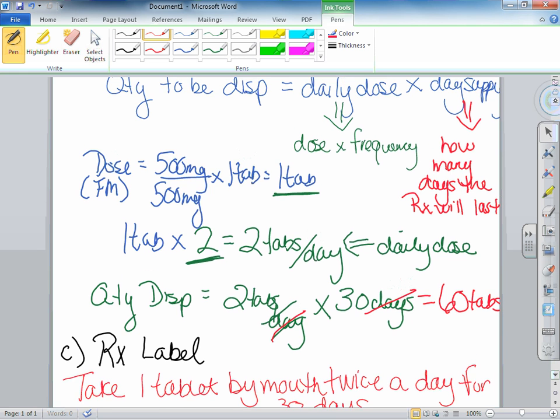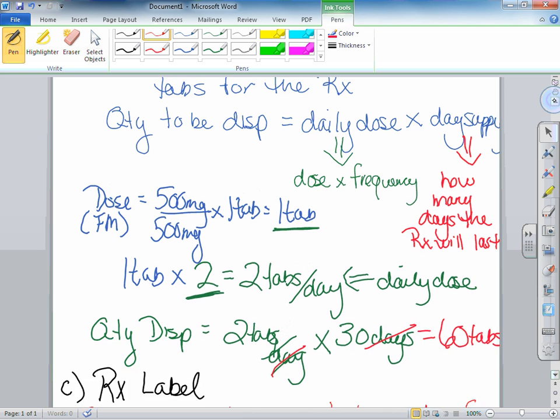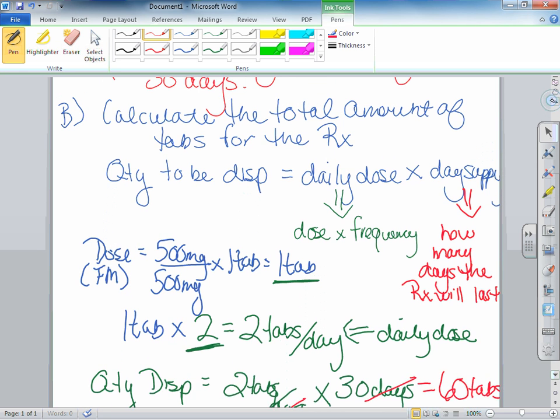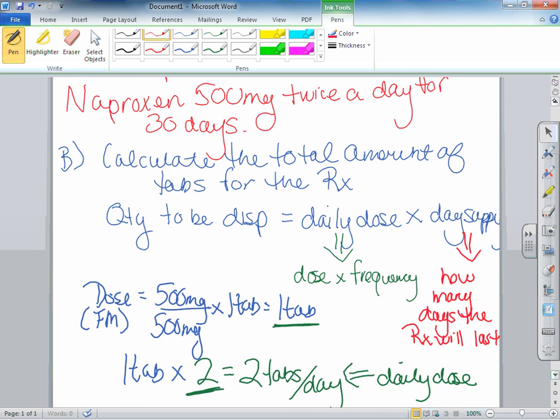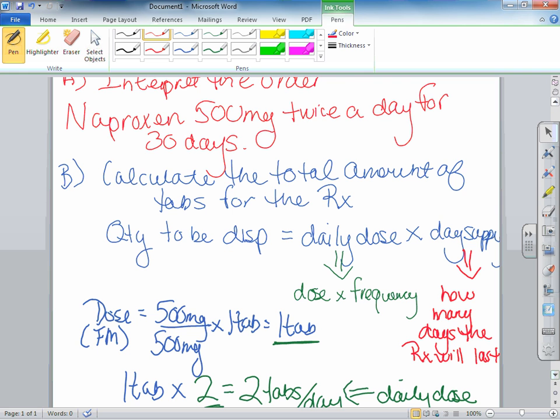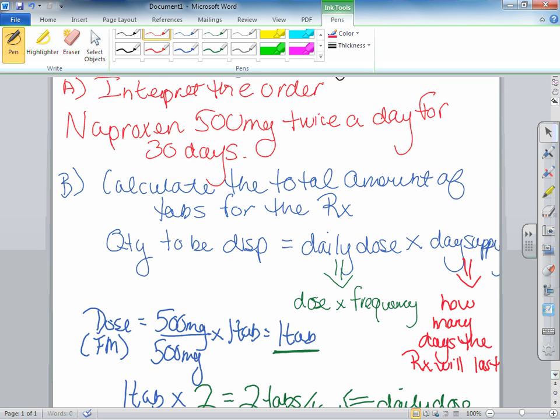I know you may be asking me, well, Miss K, why do we have to add by mouth when the order doesn't say by mouth? It doesn't matter what the order indicates. If it doesn't indicate route of administration, you have to remember to add that, because again, this label is for the patient to understand.